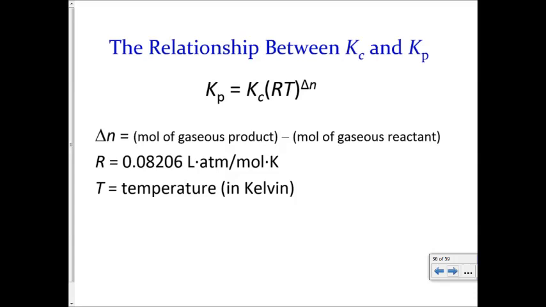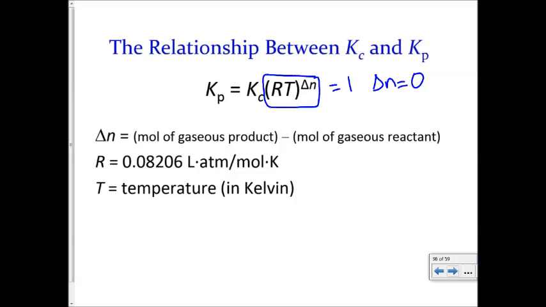So the moles of the gaseous product minus the moles of the reactant here. What happens if delta N is 0? So Kp would equal Kc, because this whole section will end up becoming 1 if delta N equals 0.